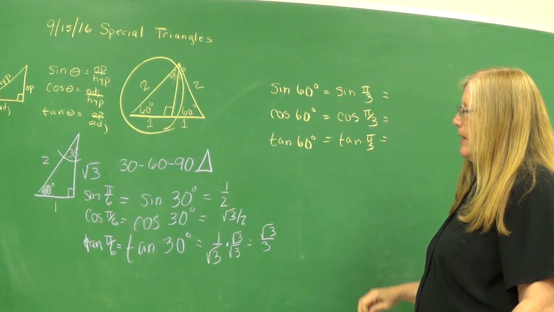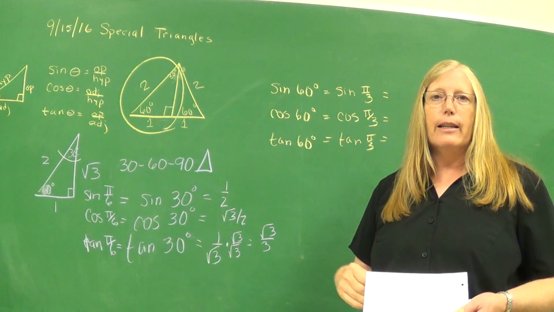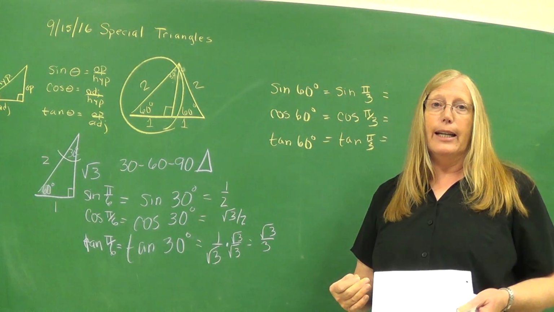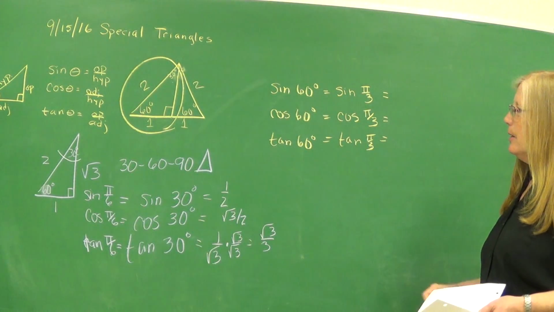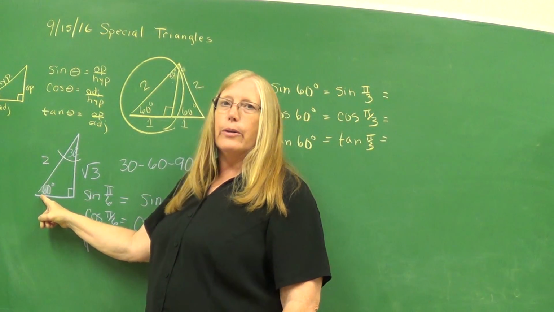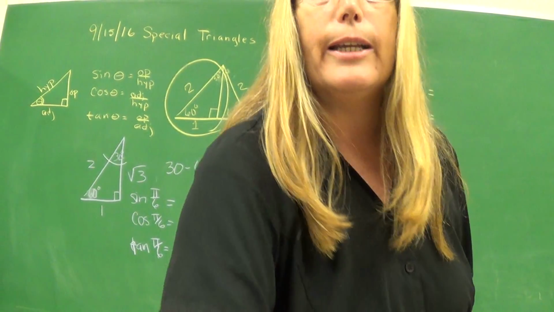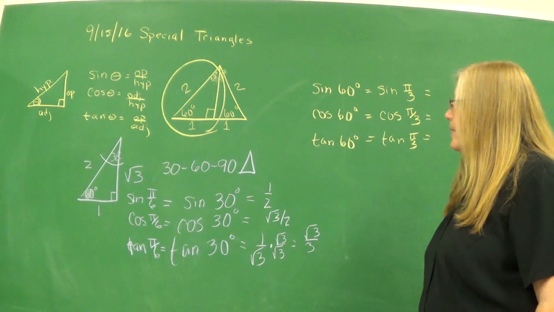So they're going to have the same sine, cosine, and tangent. So you'll have to be able to tell me the sine, cosine, and tangent of these special angles from degrees and from radians. Alright, so let's work it out from 60 now. We're looking at this angle, so side opposite is different than it was from 30, because 60 is in a different position.